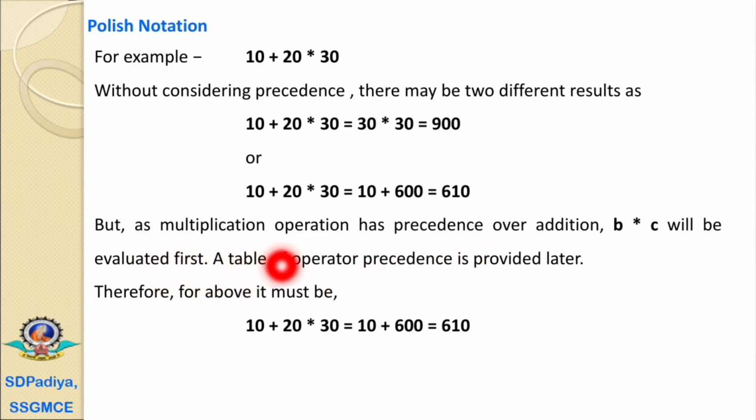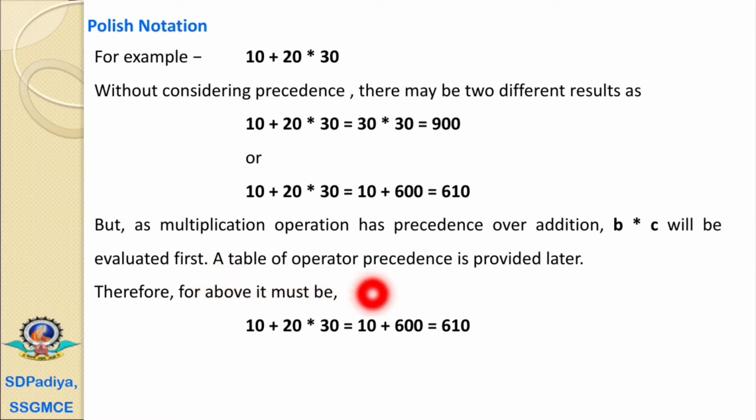As the multiplication operation has precedence over addition, as per the BODMAS rule, or as in the previous table where we saw the group of division and multiplication having the second highest priority, B into C will be evaluated first, that is 20 into 30.